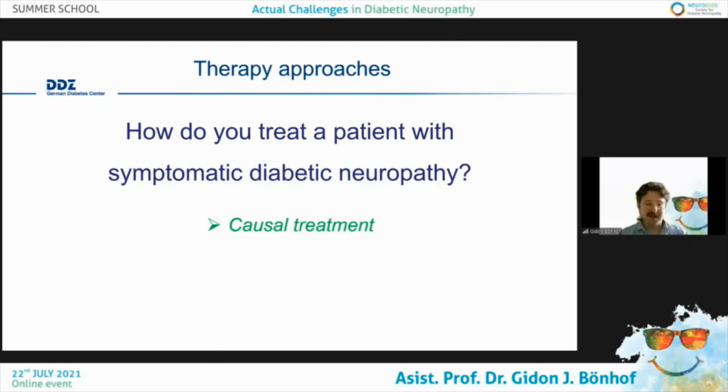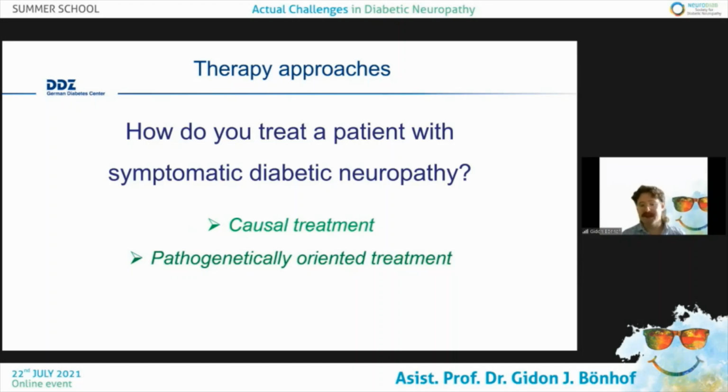First of all is the causal treatment, which means intensive glycemic control, reduction of risk factors, and exercise. Second, we have pathogenetically oriented treatment. This means that in the last 30 years, diabetic neuropathy was intensively studied, and the metabolism inside the nerves and the mechanisms leading to nerve damage or to microvascular diabetic complications have revealed many possible pathways.